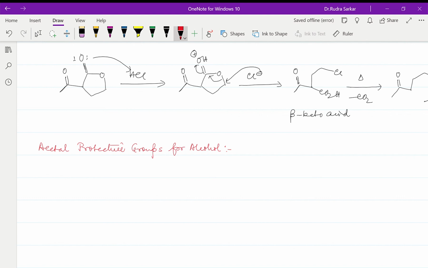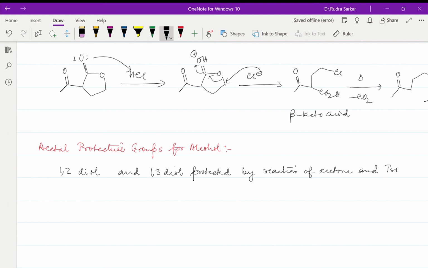Now out here, both 1,2-diols and 1,3-diols can be used. 1,2 and 1,3-diols can be protected by the reaction of acetone and acid.